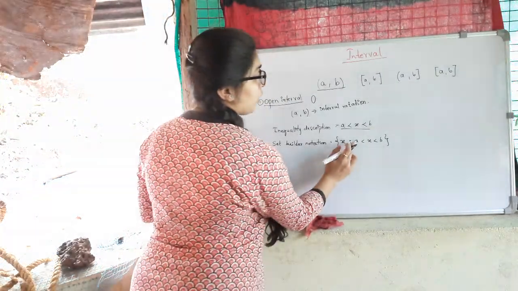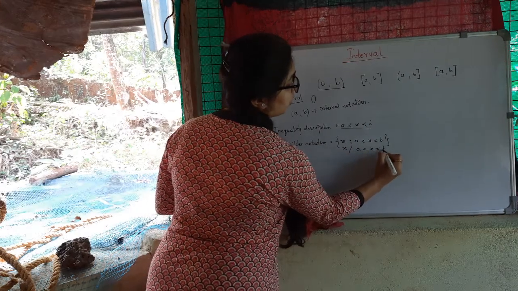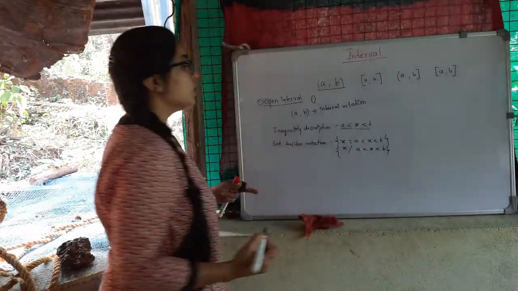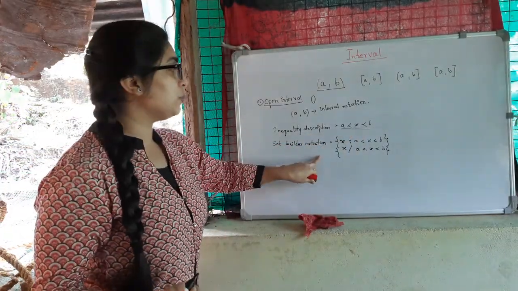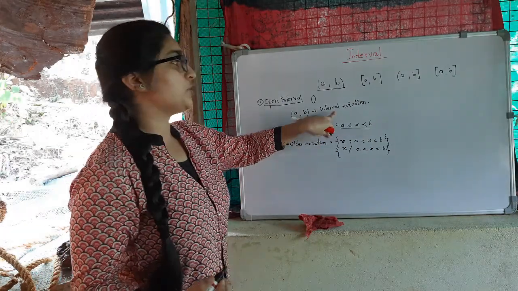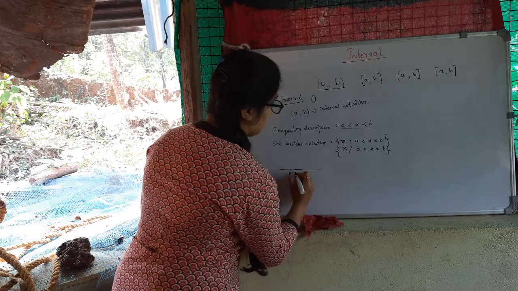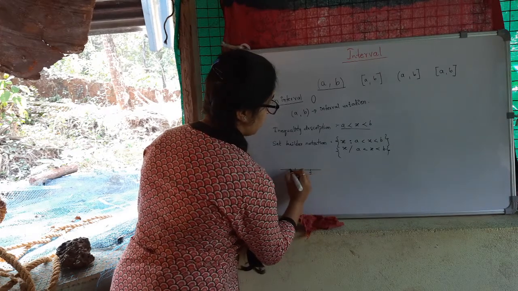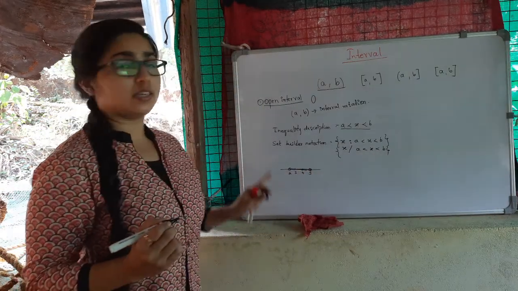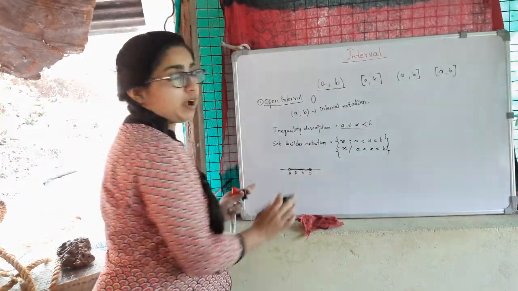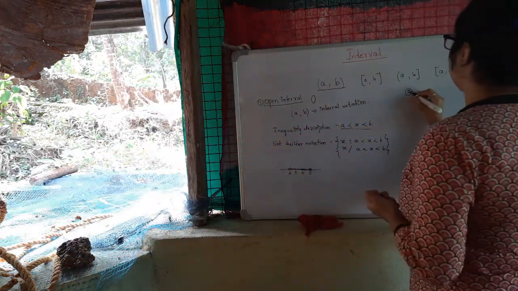In some books you can also find this instead of colon, backslash. So this will be your set builder notation. So this is the inequality description, set builder notation. This is the interval notation, and I also showed you how to represent it on the number line. So this will be the thick line, and here we will have open circle to tell that 2 and 5 are not included.